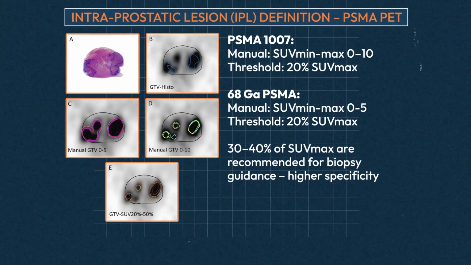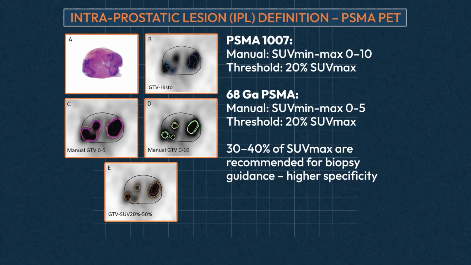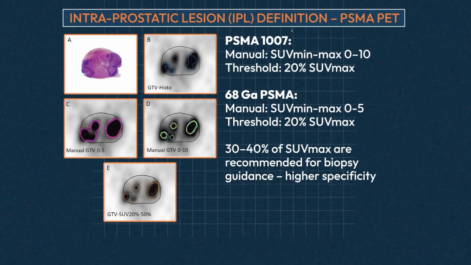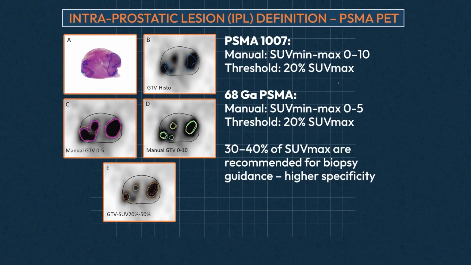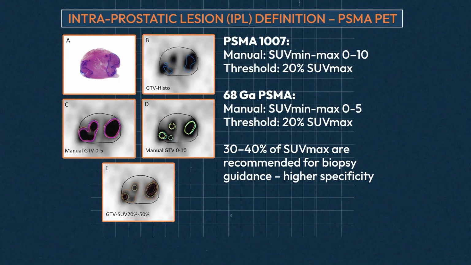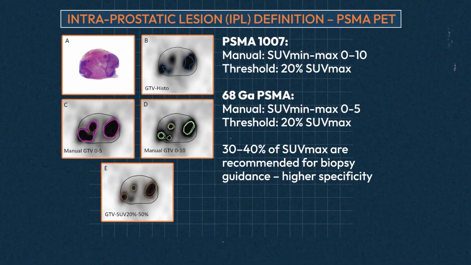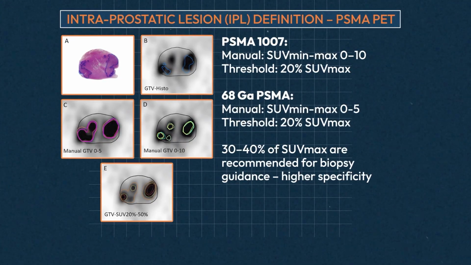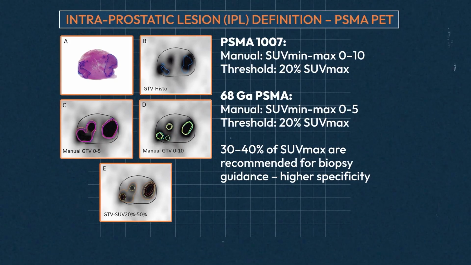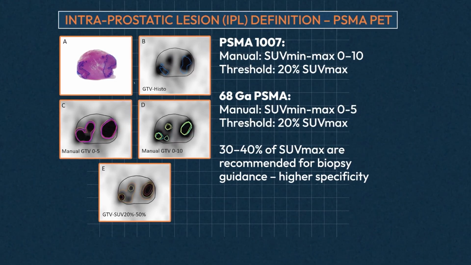And in the studies that have been done, there is some tracer dependent differences, but in general, for PSMA 1007, for a manual technique, using an SUV window of 0 to 10 for manual outlining seems to be associated with a good correlation with underlying histology, or a threshold of 20% of SUV max seems to work well. For gallium PSMA, the windowing is a little bit different for the manual outlining, but again, a 20% SUV max tends to work relatively well.